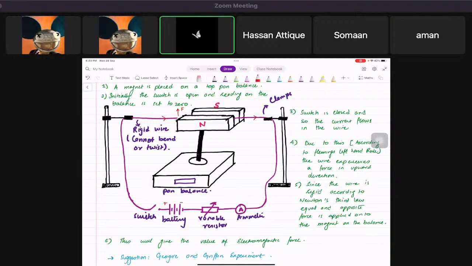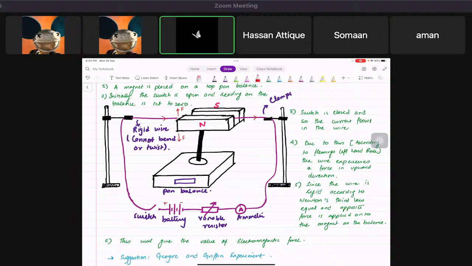Right. So an equal and opposite reaction will be experienced by body B by A, which means an equal and opposite force will act on the magnet by the wire. You agree? Which means the magnet will be pushed downwards equally with the same force, and that force will be shown on the pan balance. Do you understand this? Yes, sir.